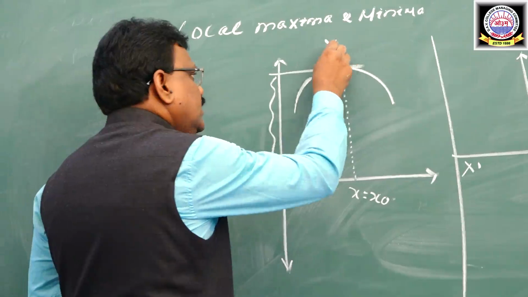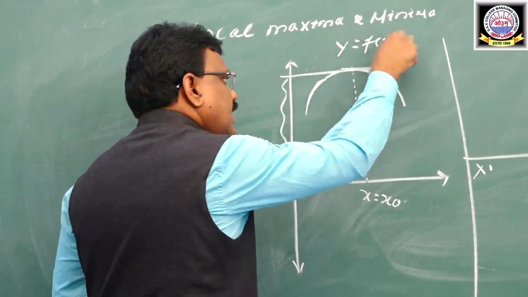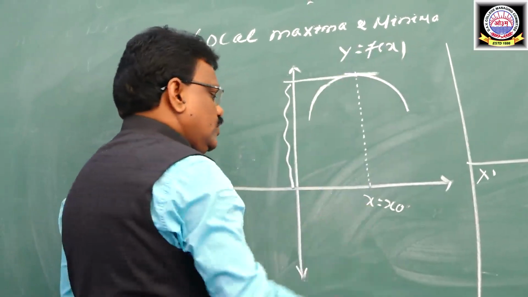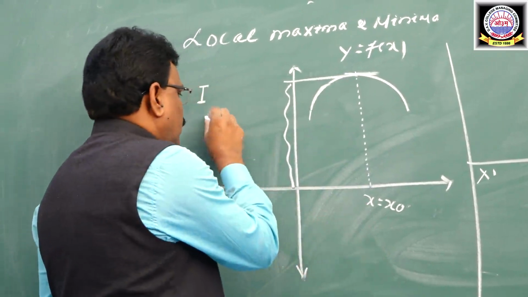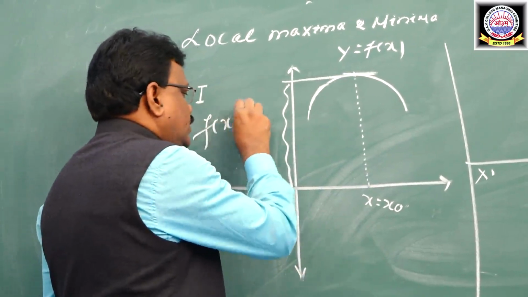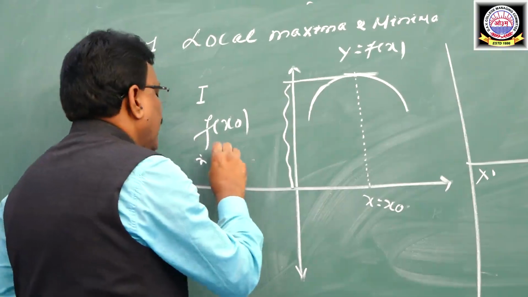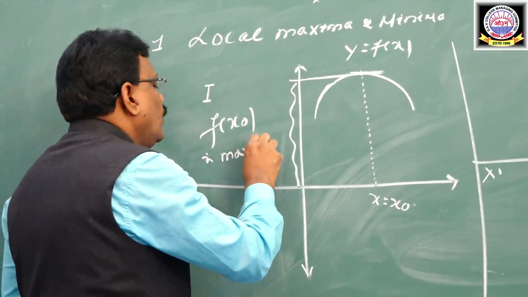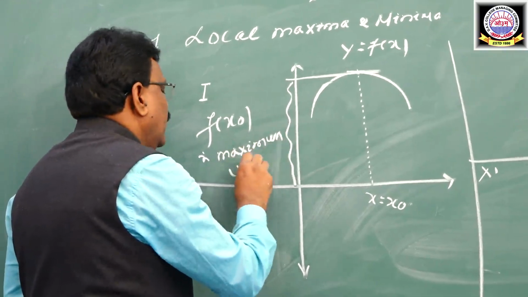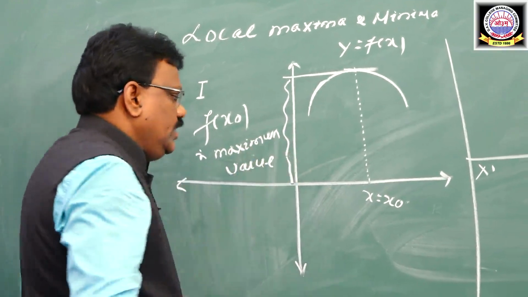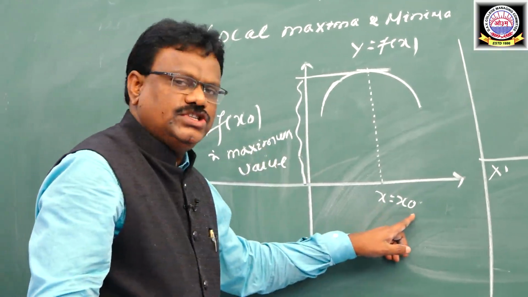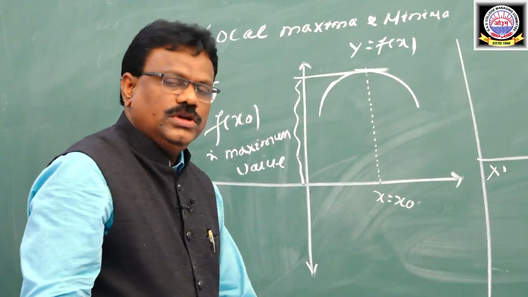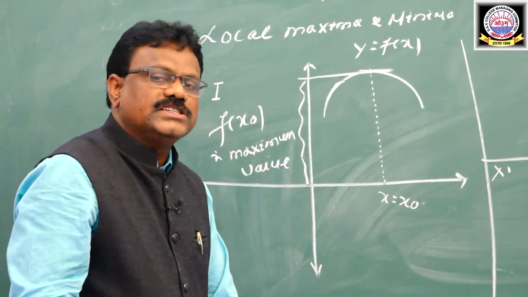So if the function is y equal to f of x and attains the maximum value at x equal to x0, then f of x0 is the maximum value. So here x equal to x0 is called the point of maxima.